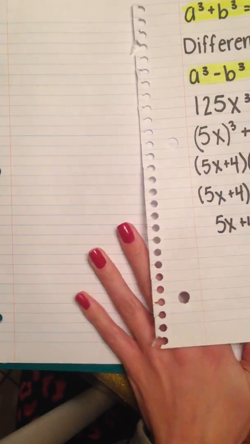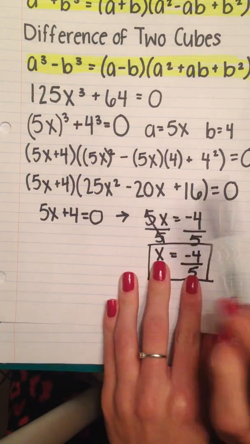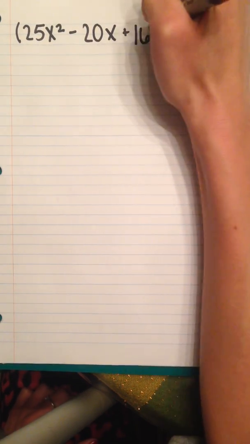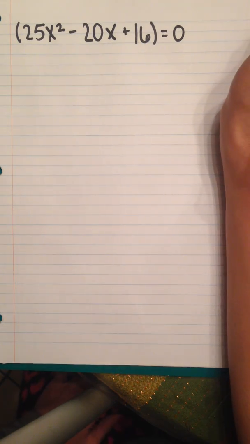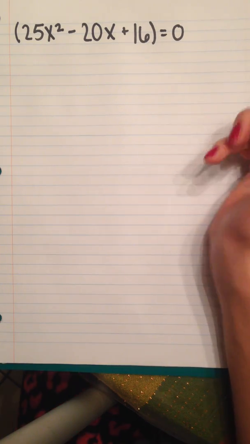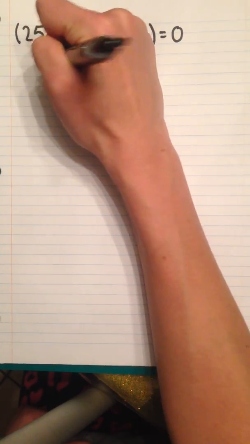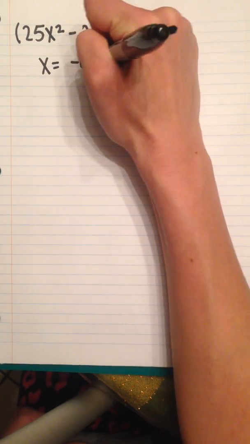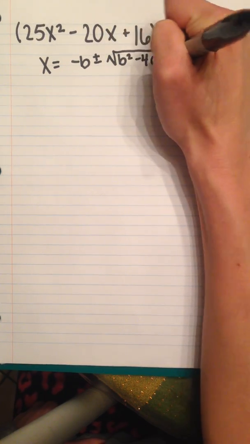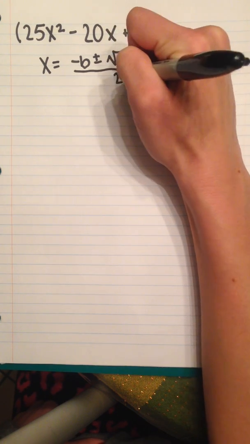Now just for the sake of space, I'm going to rewrite. We're going to set the second term equal to 0 and solve for x here on the next page. The second term we had was 25x squared minus 20x plus 16 equals 0. The way I find most people find it easiest to solve this is the quadratic formula, which, if you remember, is x equals negative b plus or minus the square root of b squared minus 4ac, all over 2a.